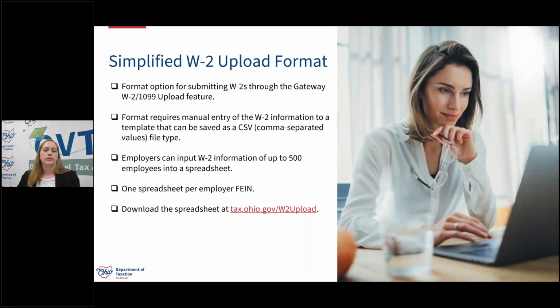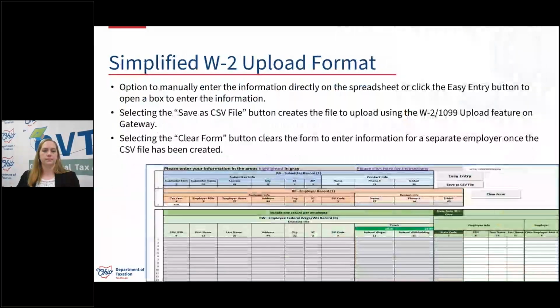The spreadsheet is available for download at tax.ohio.gov/W2upload. On your screen here is a picture of the actual spreadsheet itself. So you have the option to manually input the information into the gray cells provided on the spreadsheet.